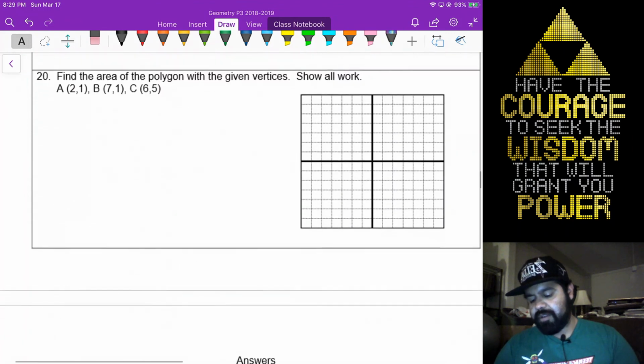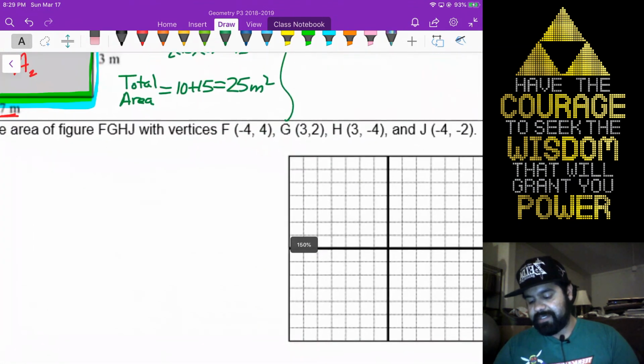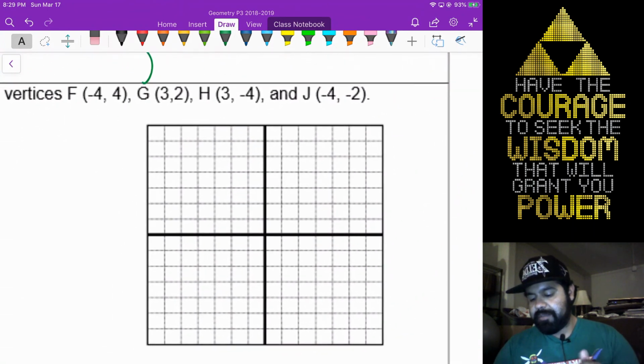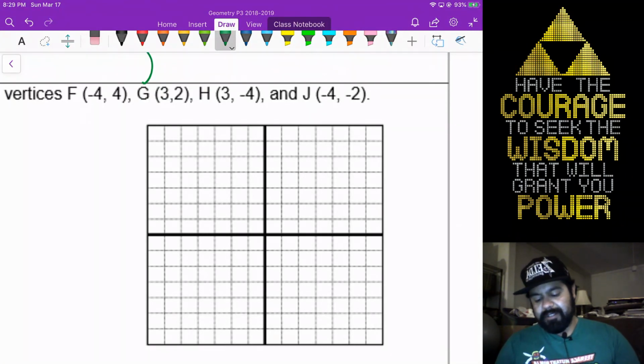All right, the last ones are our coordinate ones, and then I will be good, because I need sleep. So I'm going to plot this and figure out what shape I have. It does have 4 ordered pairs, so at least I know it should be a 4-sided figure.